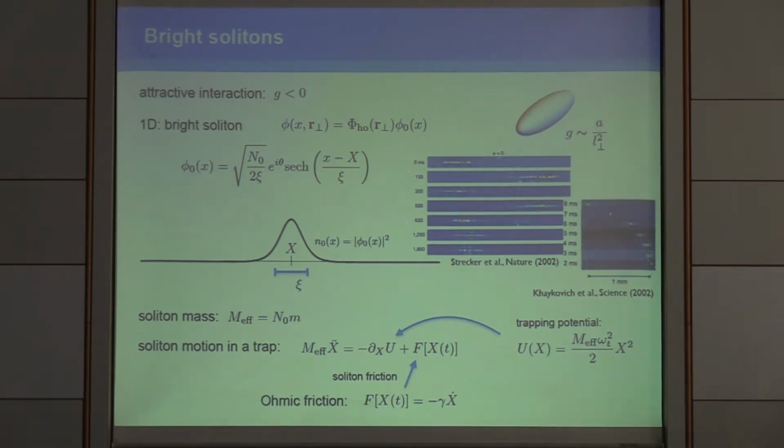This is called ohmic because it's exactly the type of friction that arises for electrons scattering off impurities in a metal, where gamma is related to the inverse scattering time. And intuitively, we would expect that this friction force comes about by interactions of the soliton with its surrounding thermal excitations.